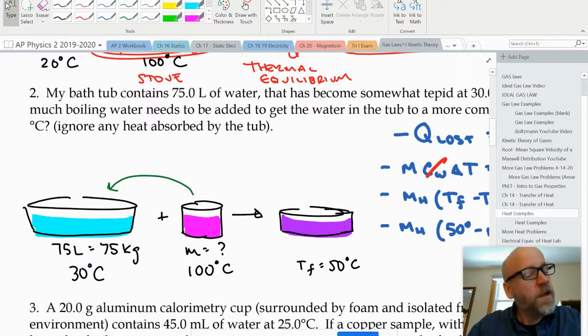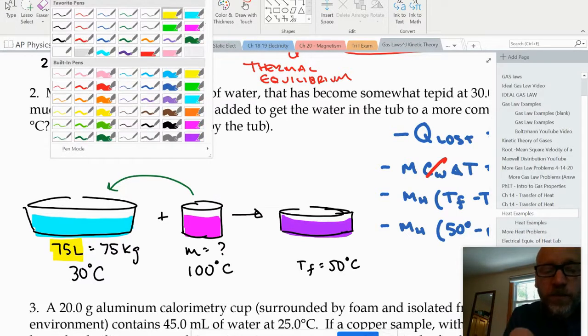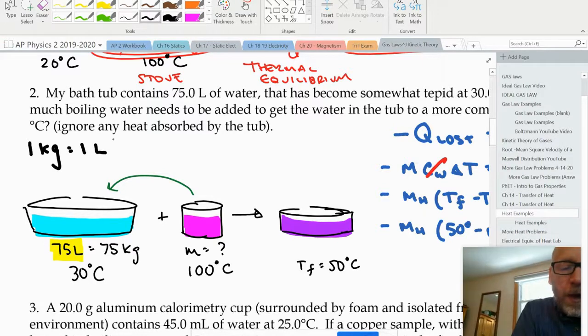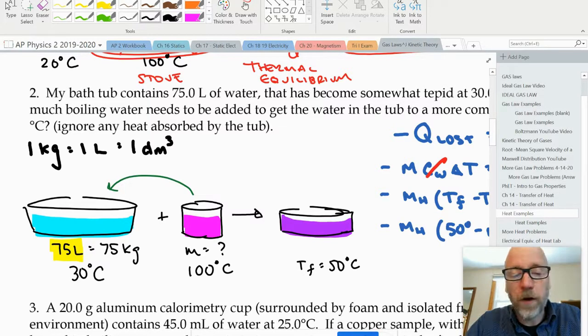Now, if I start with a tub with 75 liters of water, it turns out, since the entire metric system is based on a kilogram of water, 1 kilogram of water has a volume of 1 liter, which, by the way, is 1 decimeter cubed. That's for water.